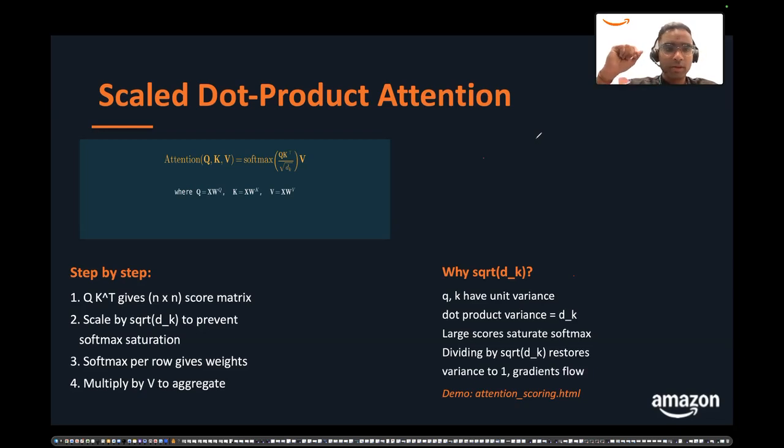So each and every component in my vector q1, my vector k1, would have mean equal to 0 because of layer normalization and variance equal to 1.